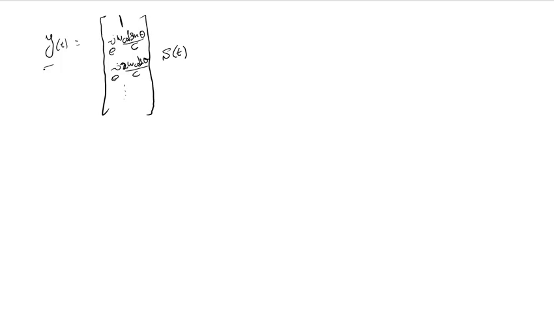And the last one is e^{−j(M − 1)ω_c d sin θ / c}. And we also have noise for each sensor: e_1, the noise of the first sensor, e_2, up to e_M.